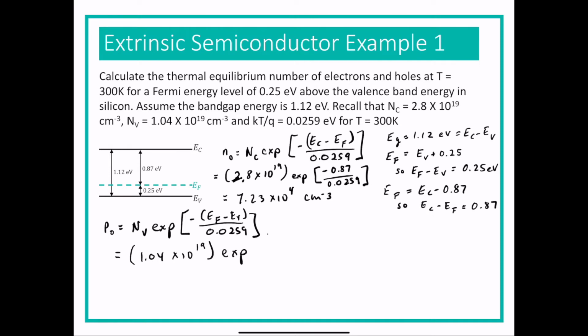And we use the exponential function and take minus 0.25 over 0.0259. My brackets look awful. There we go. And we get 6.68 times 10 to the 14 per cubic centimeter, which is pretty much what you would expect.